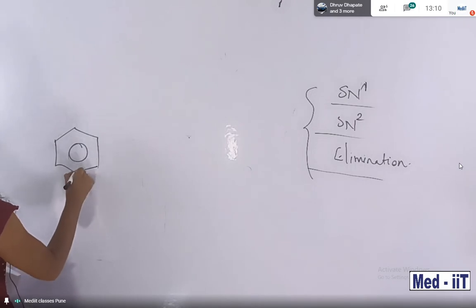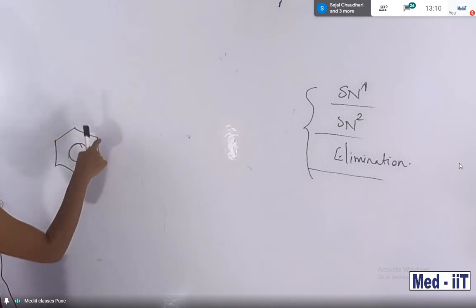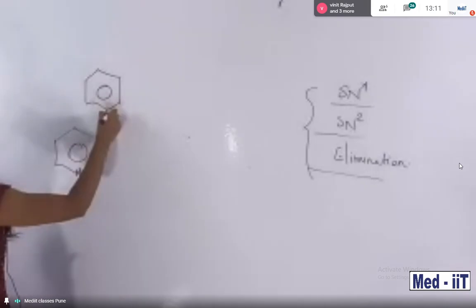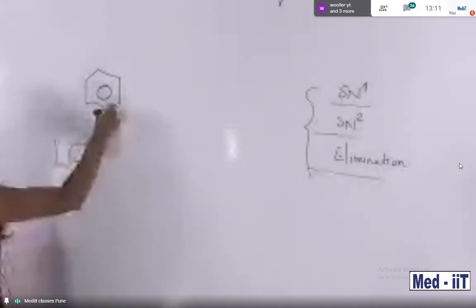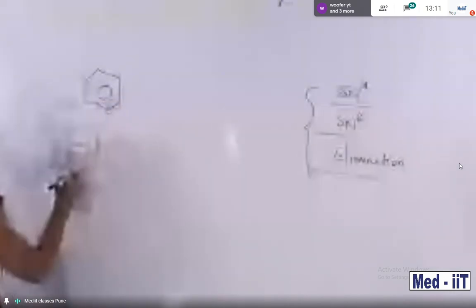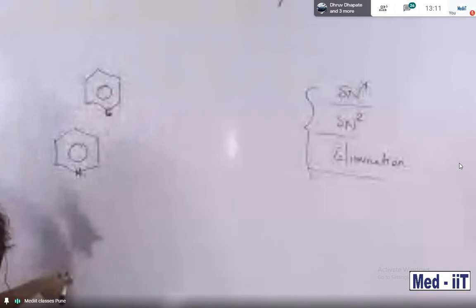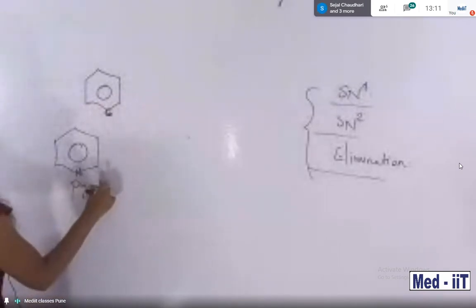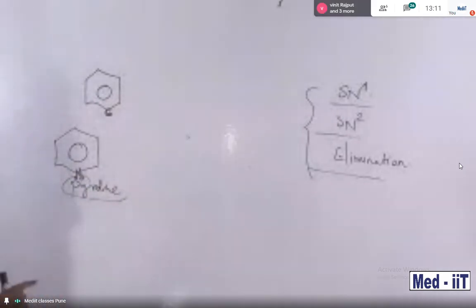This is a 6-membered cycle, 1 2 3 4 5 6, like our benzene. One carbon is removed, and in the place of that carbon, nitrogen is substituted. So we get a new compound that is called pyridine, a 6-membered cycle with a nitrogen containing a lone pair. So this setup is called pyridine.